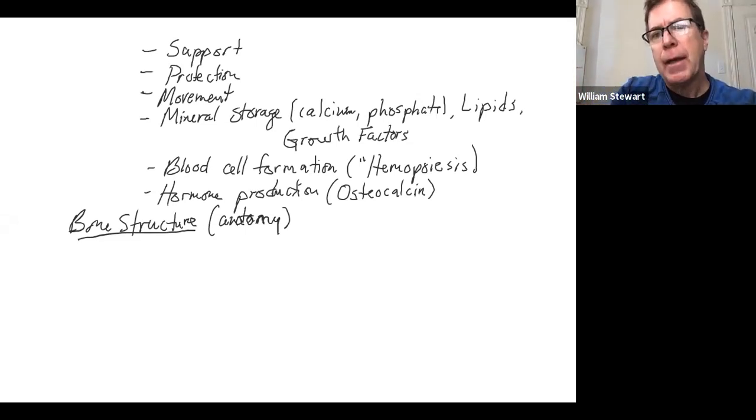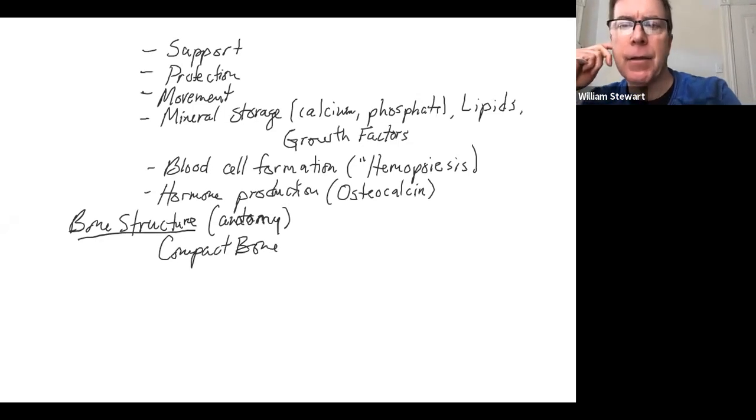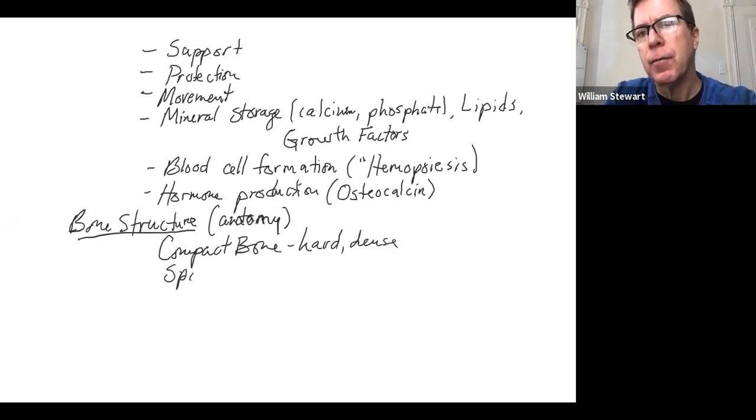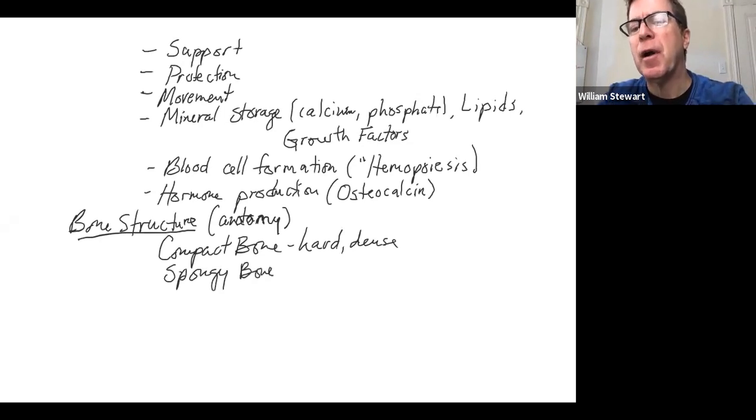So compact bone, I'll examine that in detail in a little while, but this is very hard and dense. Spongy bone, just to remind you, is made up of these tiny little bone spicules or needles.